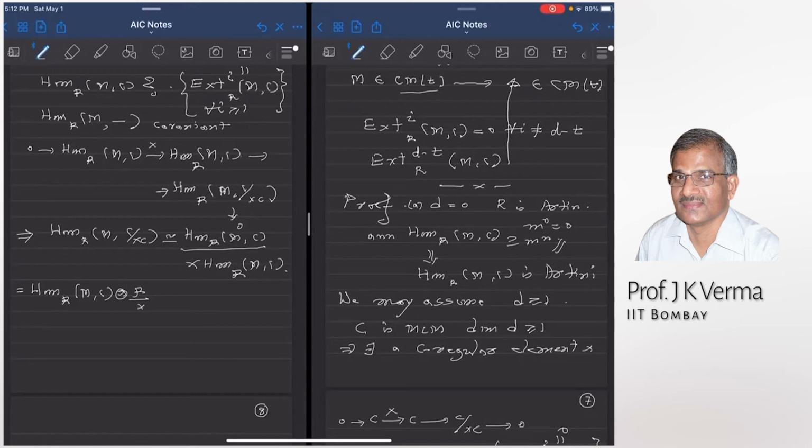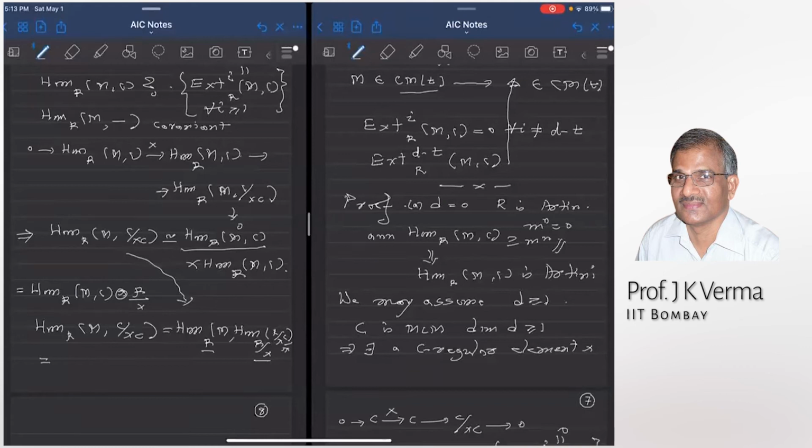Now look at this module, Hom_R(M, C/xC). This is Hom_{R/x}(R/x, C/xC)... rather, Hom_R(M, C/xC) is Hom_{R/x}(M/xM, C/xC), and now I use the Hom tensor adjointness. So I have two rings, R and R/x.